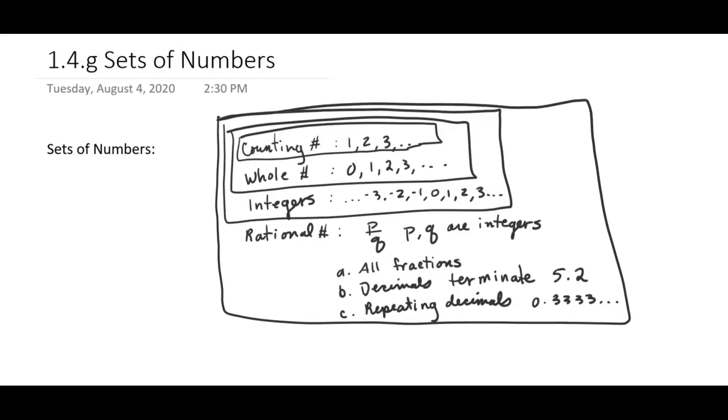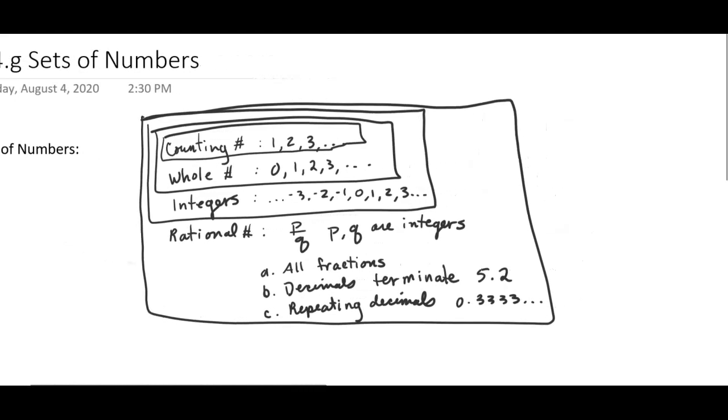Okay, now you might say, well, what else is there? There are irrational numbers. Okay, so over here, we're going to make a set called irrational numbers. Now, I can't give you a list of them, but it's anything that's not rational.